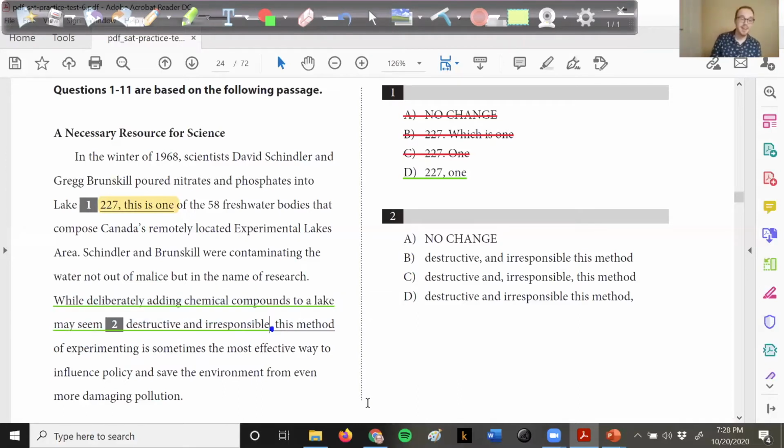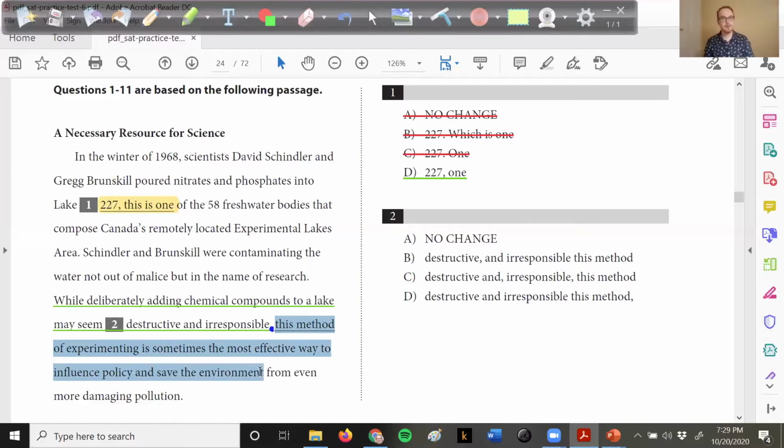Well, that's not its own sentence. So that's a dependent clause. Now let's look at the second half. This method of experimenting is sometimes the most effective way to influence policy and save the environment from even more damaging pollution. That is a complete sentence.